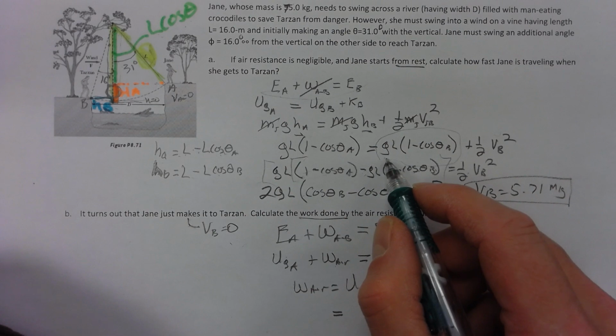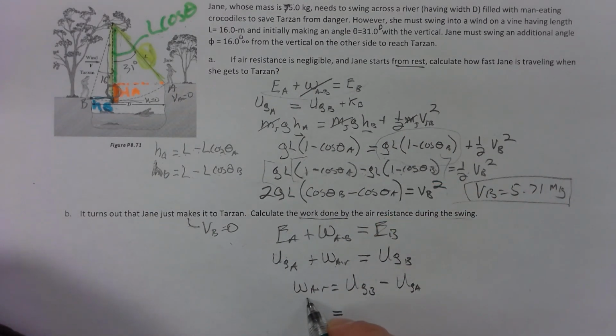We can't cancel out the m's now because the work of air resistance doesn't have an m in it. We want that work of air. We've got an mgh at B minus mgh at A. The m's do not cancel out now because the work of air resistance does not have an m in it.